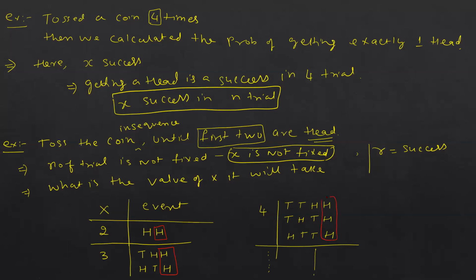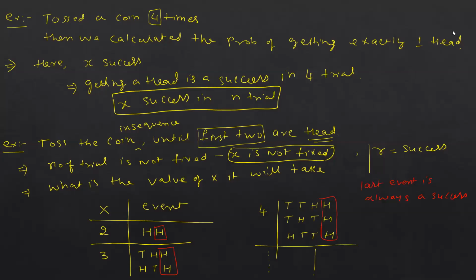You can note here that the last event is always a success. Doesn't matter how many times you do the experiment, the last event is always a success.